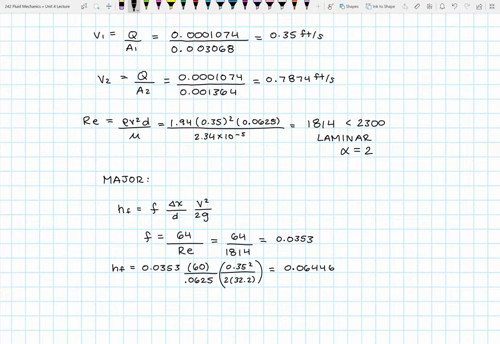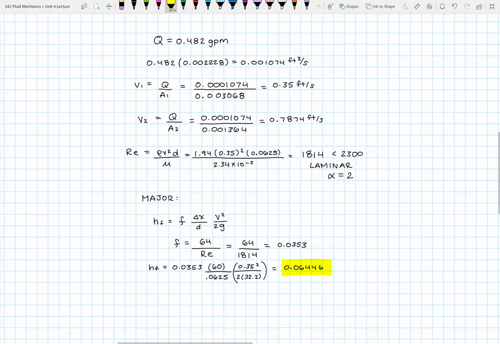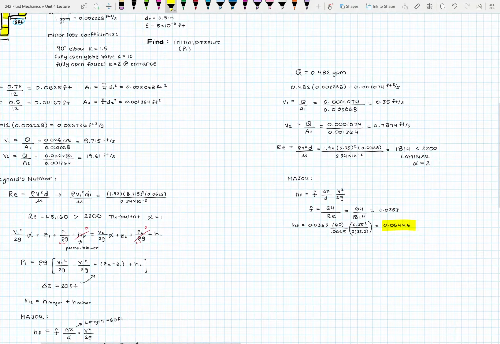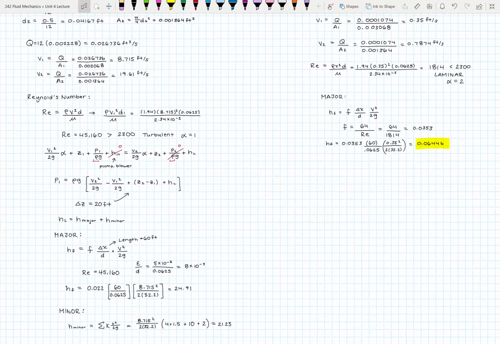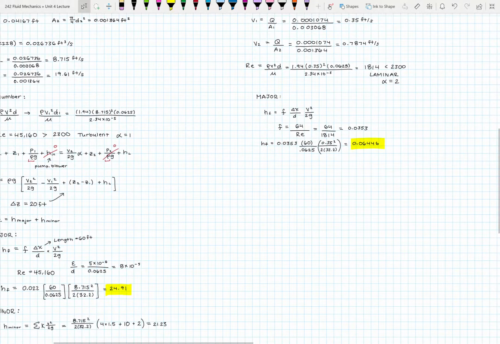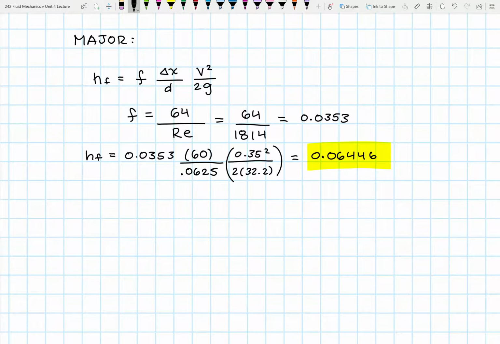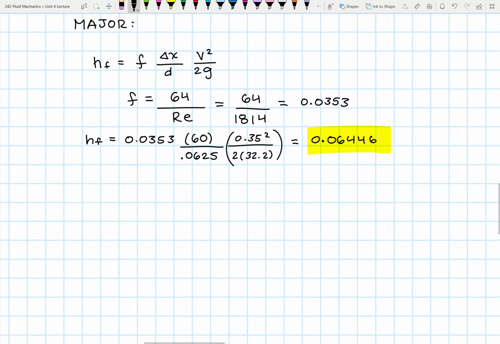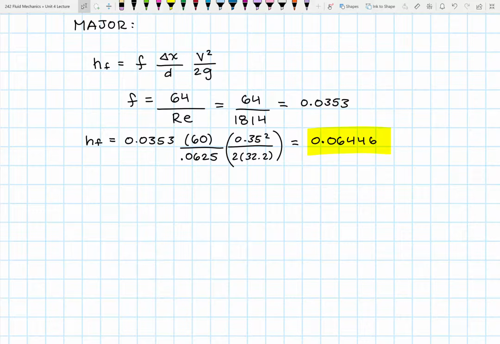So right away, you'll notice that our major losses are very small compared to what they were earlier, like way smaller. And we didn't decrease our velocity by that much. So it's a very, very strong effect that this has on our friction losses as things begin to move slower.